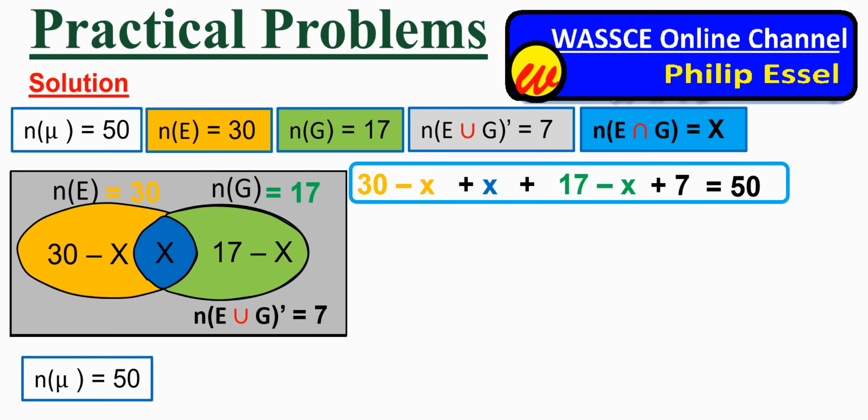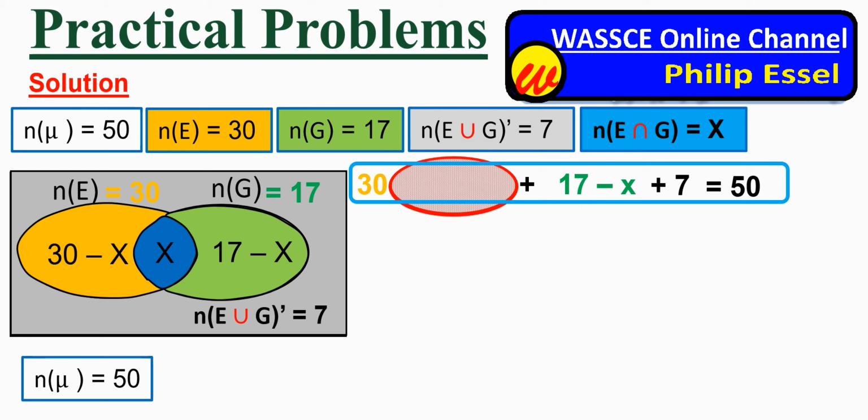From this equation, the negative x and x will cancel out, and they will give us 0. So we'll just ignore them. That makes the work easier for us now.